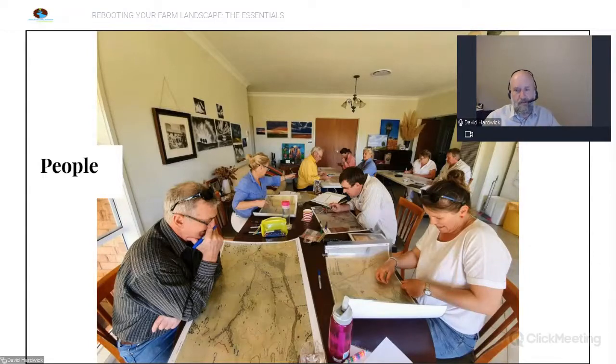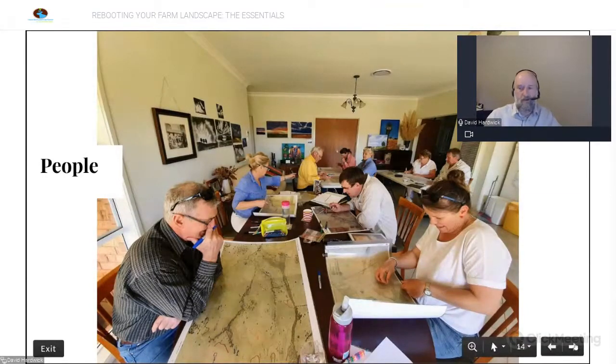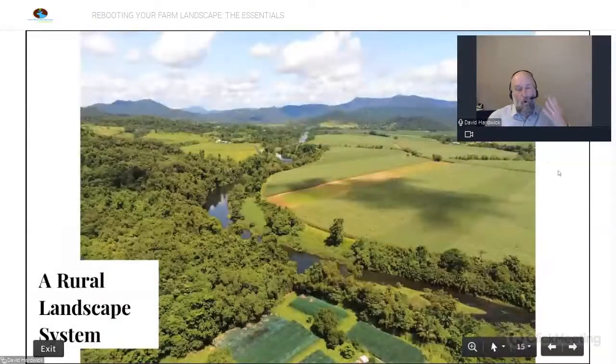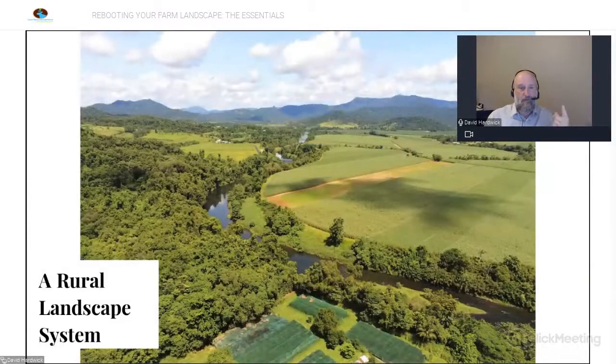So the people are this fourth key component, and obviously if we got rid of all the people, everything would be a lot easier, but that ain't going to happen. So we're going to have to learn how to live, one, with each other, and two, with our planet. So all of those four key components, the geography, the landscape elements, the agricultural elements, and the people, all combine to make what I call a rural landscape system.